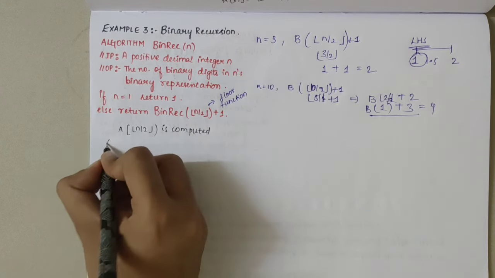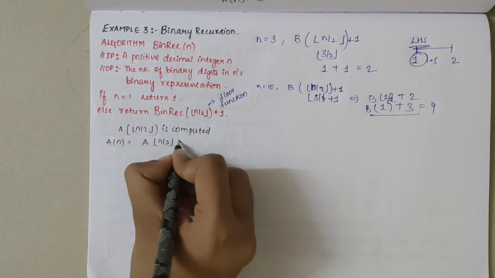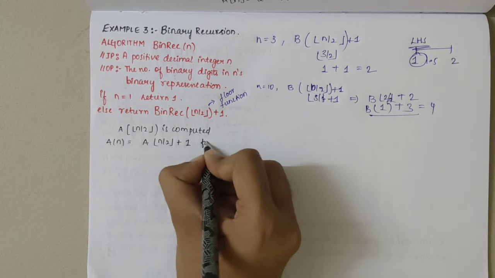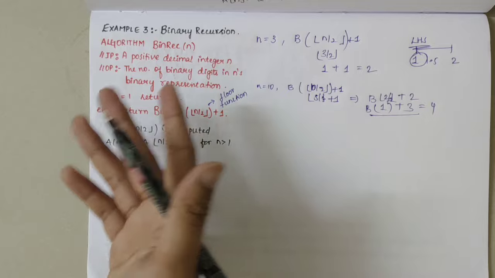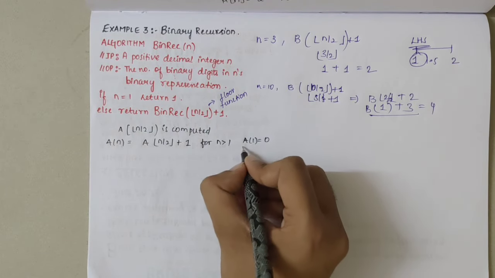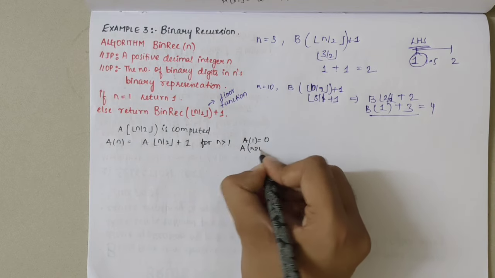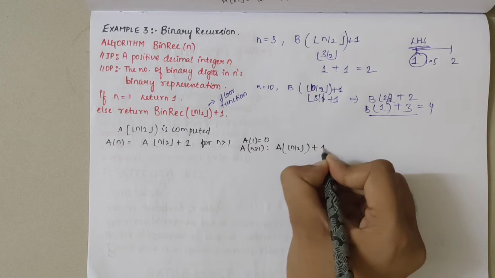So I can write A of n as A of floor division n by 2 plus 1, for n greater than 1, because if n is 1, we return 1 directly, so there are no further additions. So A of 1 is 0, and for n greater than 1, A of n is A of floor n by 2 plus 1.